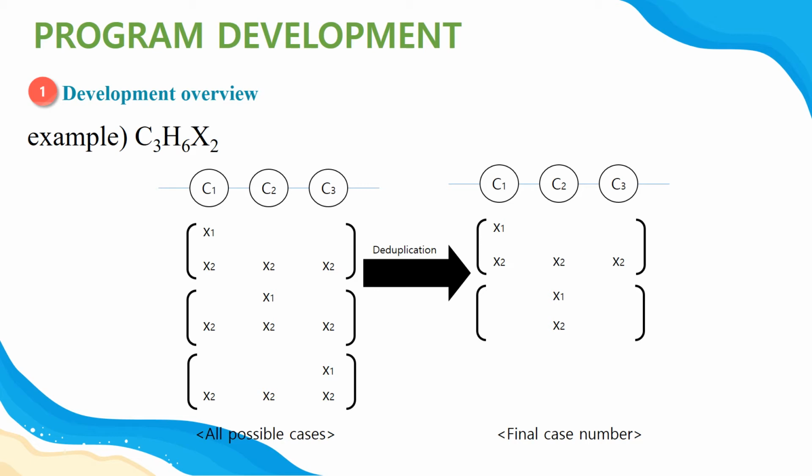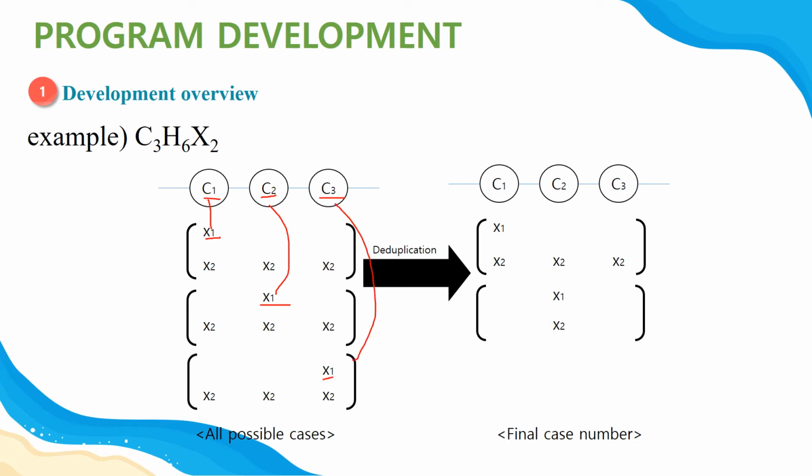If a carbon compound called C3H6X2 is given, the method to search for possible structures is like this. First, number the carbon from the left: C1, C2, C3. And consider the case of allocating where X1 can be located: X1 at C1, X1 at C2, X1 at C3.